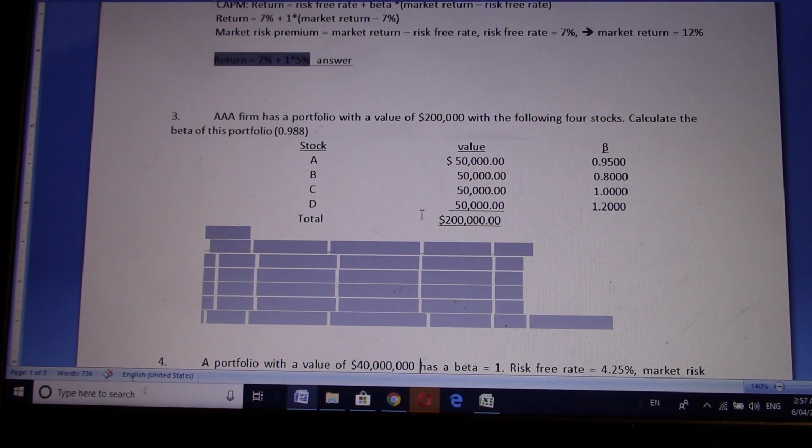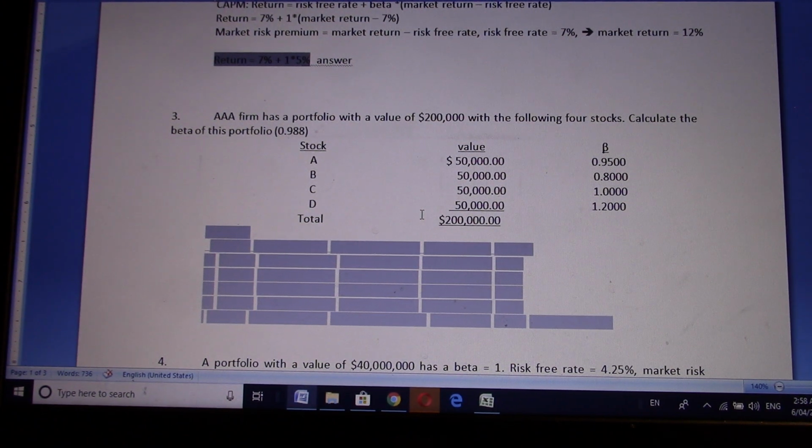Think about it like this is the money you have, $200,000, and you put a quarter of your investment in each of the stocks. Each stock's value is $50,000, a quarter of the total investment of $200,000, and the beta is given also. So you want to know your portfolio's beta.